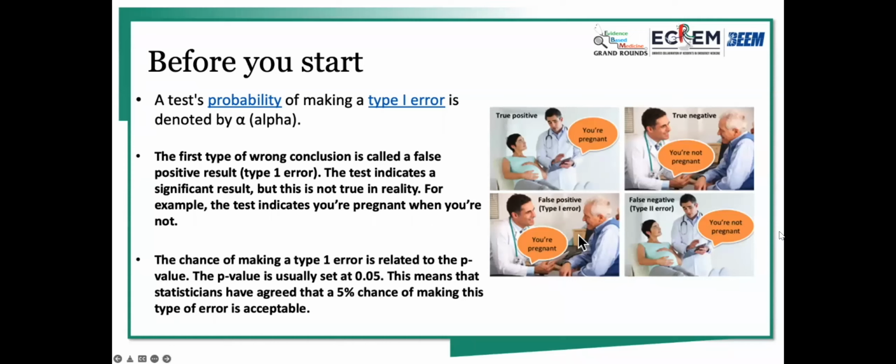So I made a type 1 error. The chance of making this kind of error in a statistical study is related to the p-value. So once I set my p-value, I'm going to say, okay, at a 0.05 of p, I have a 5% chance of making this error, and that's okay. That's acceptable.